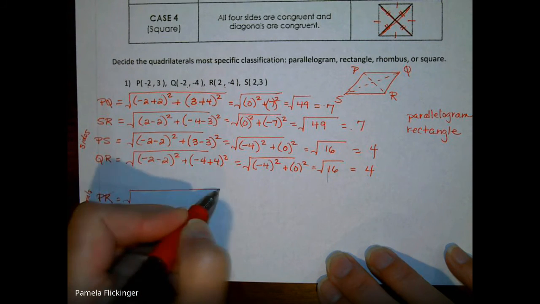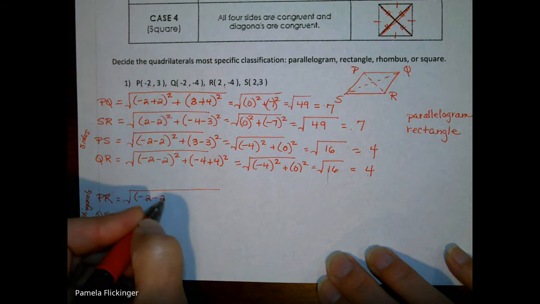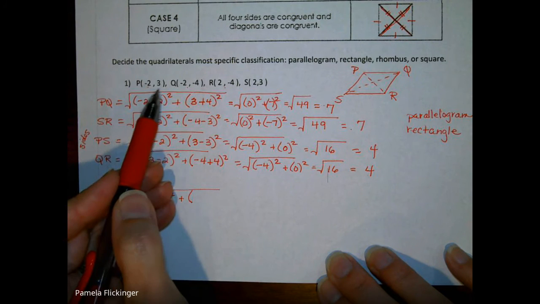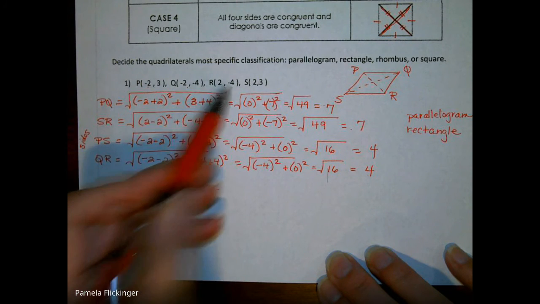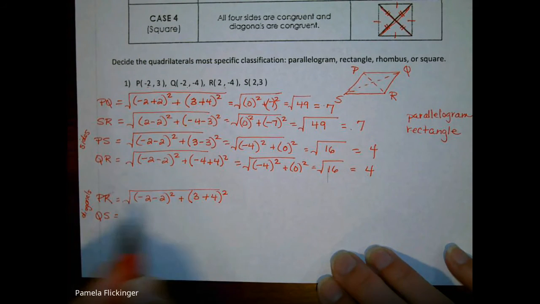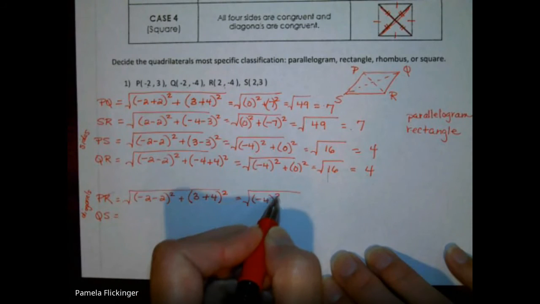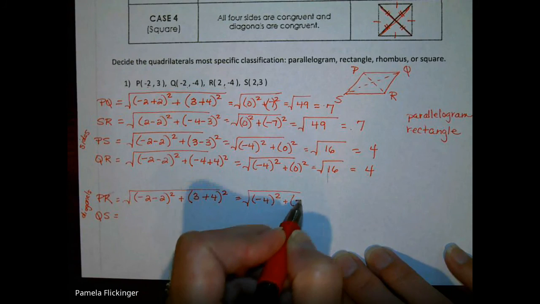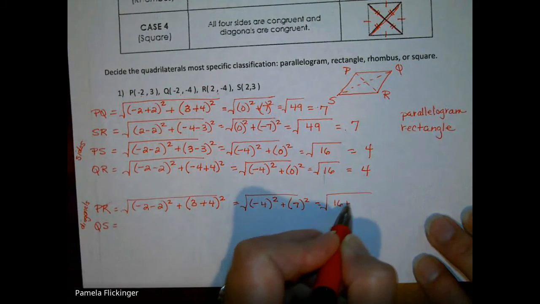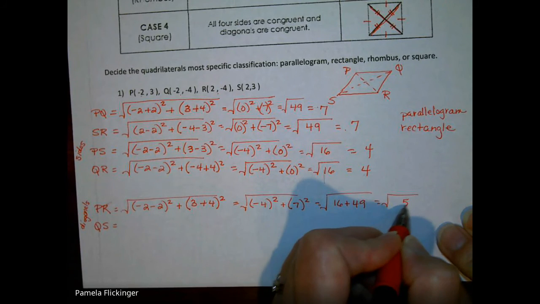So I'm going to do the square root of negative 2 minus 2, square that, plus 3 minus a negative 4, which gives me 3 plus 4. So we've got negative 4 that we need to square and a 7. So 16 plus 49 is going to give me the square root of 65.